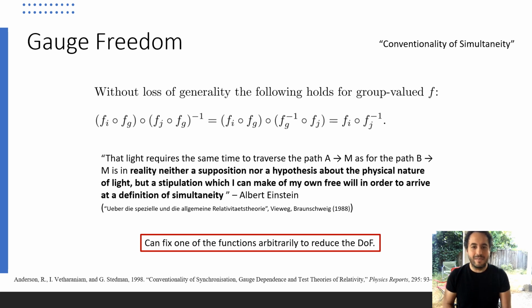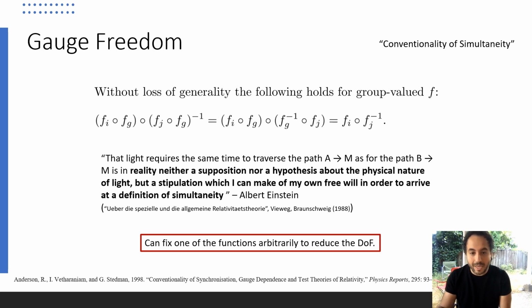There is a catch though. This entire formulation is subject to what is called a gauge freedom, which explains the conventionality of simultaneity. Think of it as follows. Formally, I can apply Fg, any arbitrary transformation in the group, to all these absolute maps that I either estimated, defined or constructed, and the cycle consistency would still hold. Everything would hold the same way, so I will be consistent with the Fij's of my data.